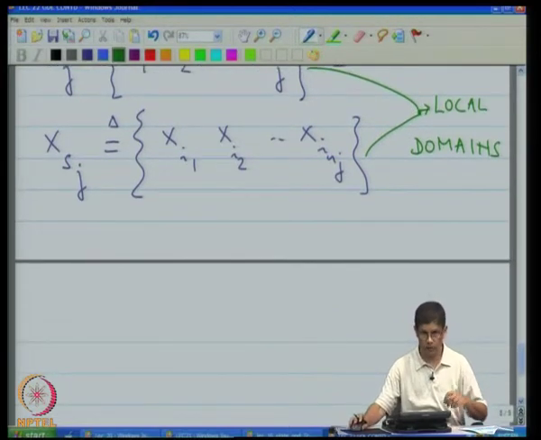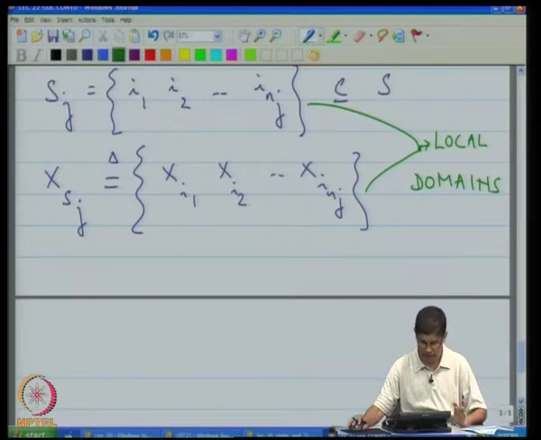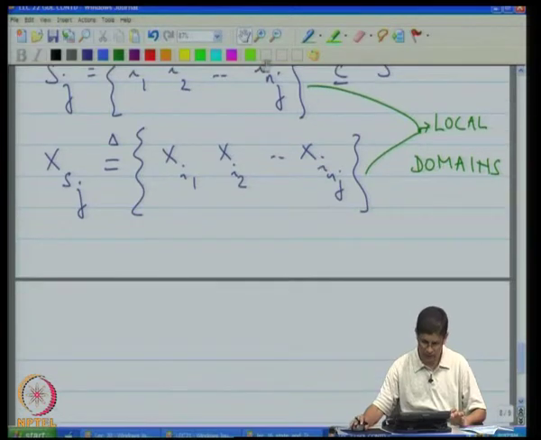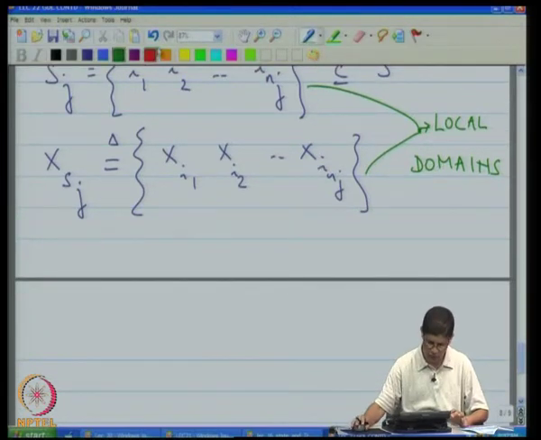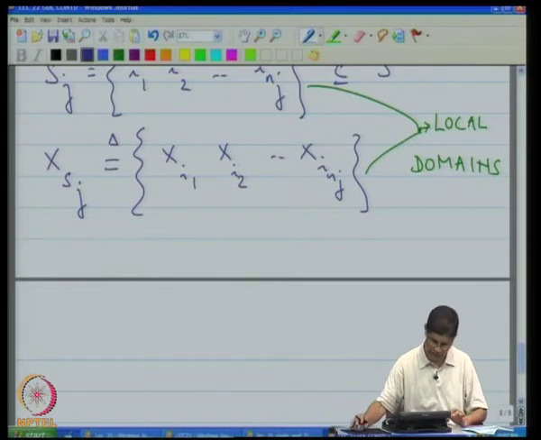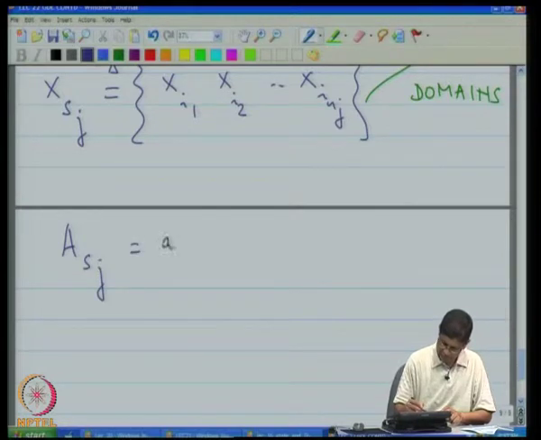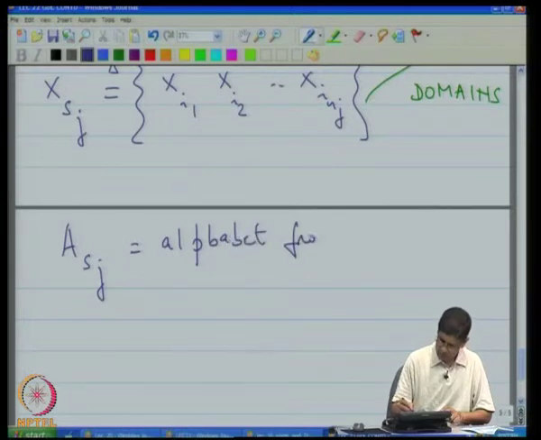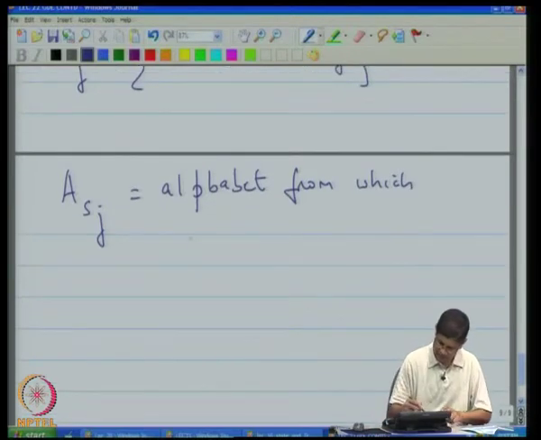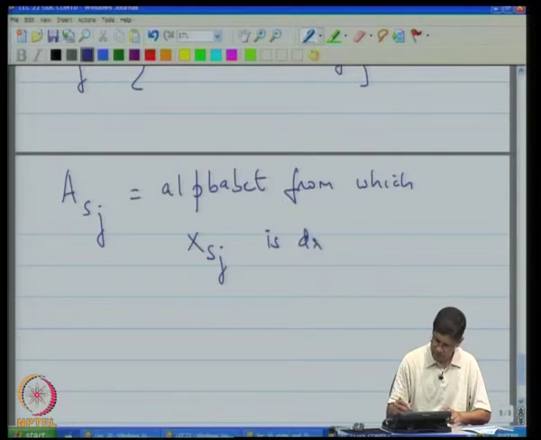And if I want to refer to the alphabet associated to, let us say, this local domain, then I will accordingly use the notation. So, A_{S_j} is the alphabet from which x_{S_j} is drawn.